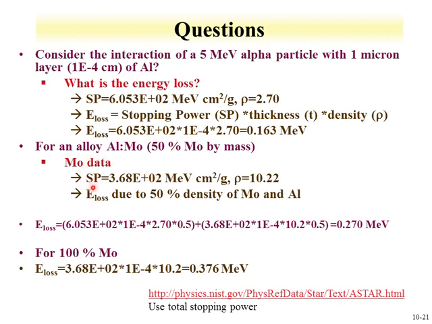The stopping power is 3.68 times 10^2 MeV centimeter squared per gram. The density of molybdenum is much larger than the density of aluminum, 10.22 versus 2.7.